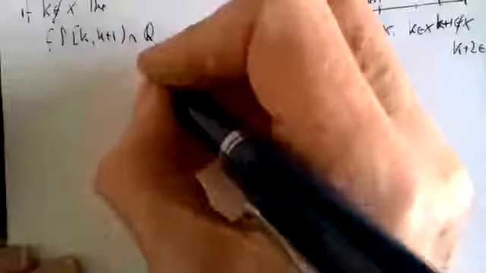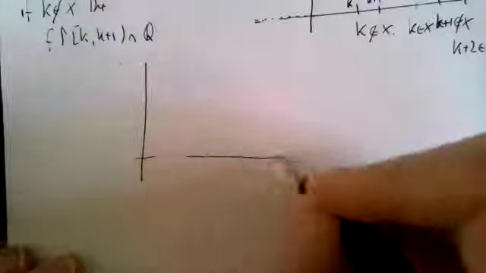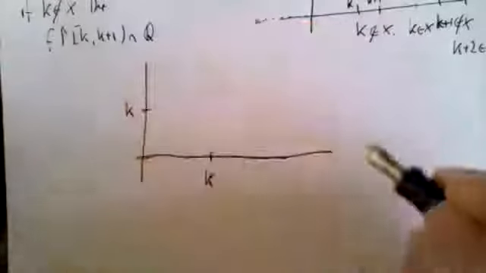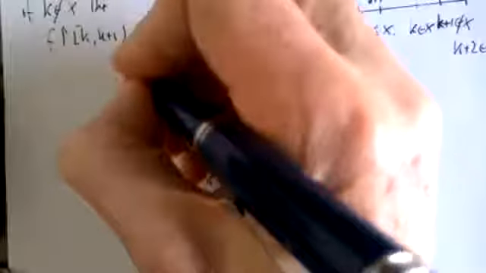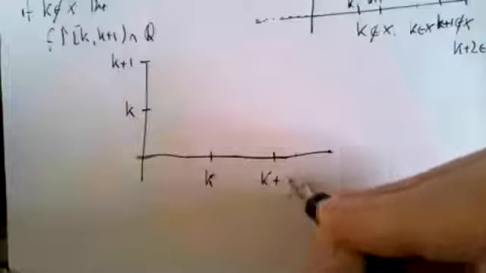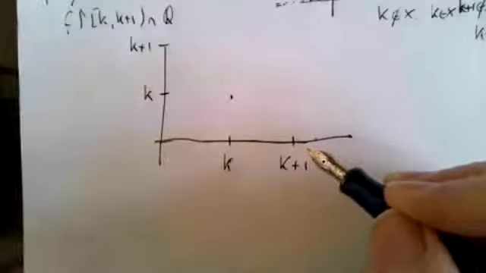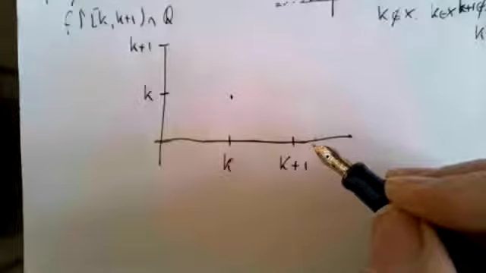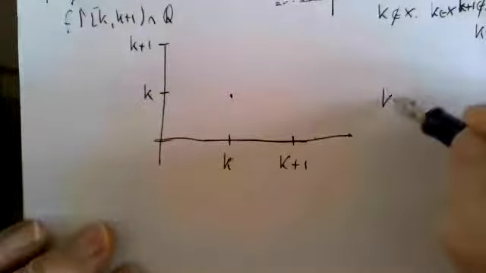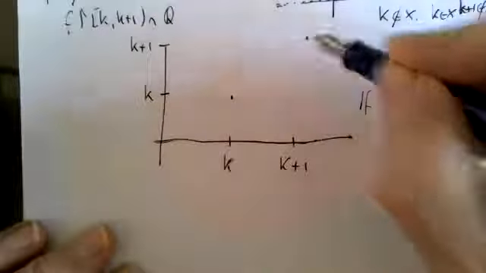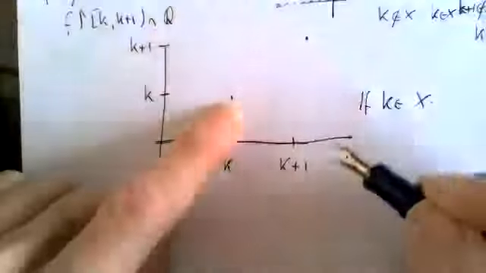Okay, here's an expanded picture. I'll just describe the picture again, and you can find the numbers. Right, so here's K and here's K. Here's K plus 1, and here's K plus 1. So if K is in X, we wanted to go from here to here.